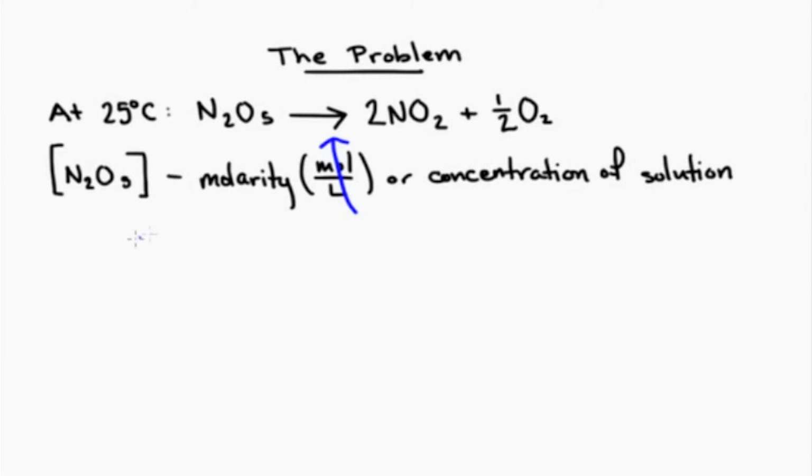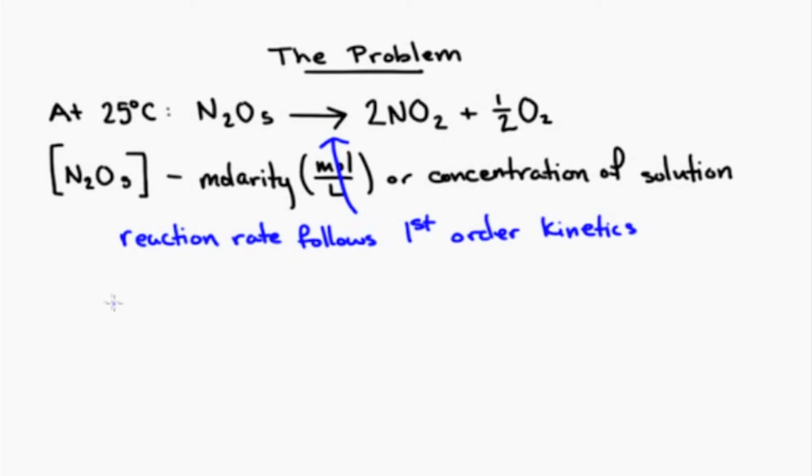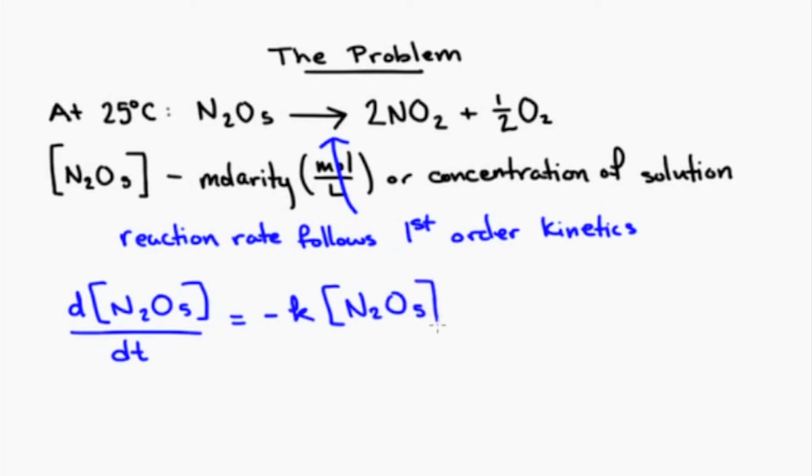Experiments have shown that the rate of decomposition follows first-order kinetics. This means that the instantaneous rate of change in concentration of N2O5 is proportional to the concentration of N2O5. The constant of proportionality k has been found experimentally to be 1.72 times 10 to the negative 5 inverse seconds.